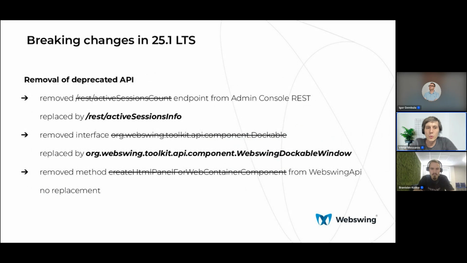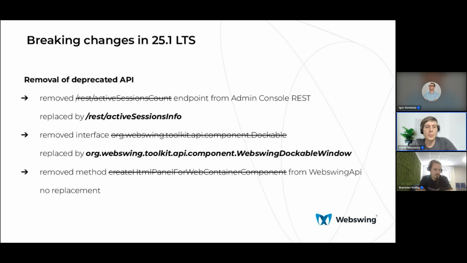We have removed the deprecated dockable interface, which was replaced by the Webswing dockable window some time ago. In previous versions, these two were living together, but in this release, we have removed the dockable interface. And we've also removed the method createHtmlPanel for web container component.